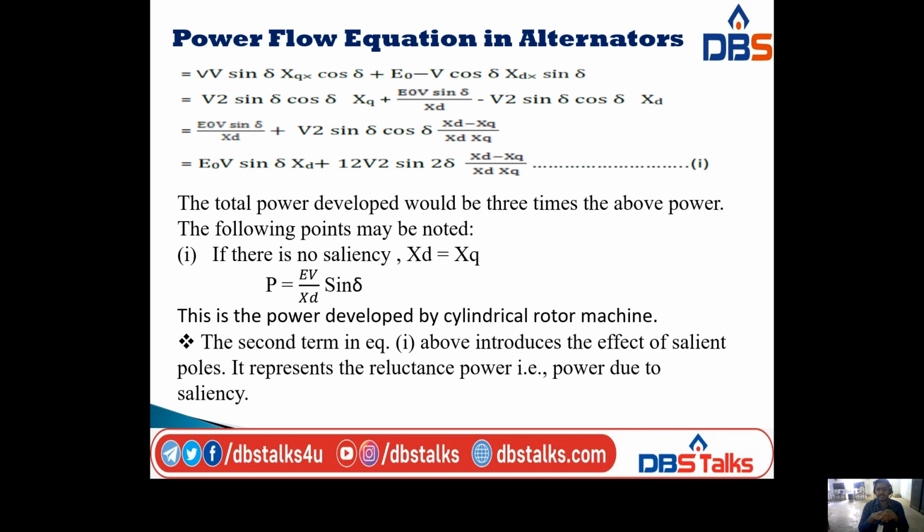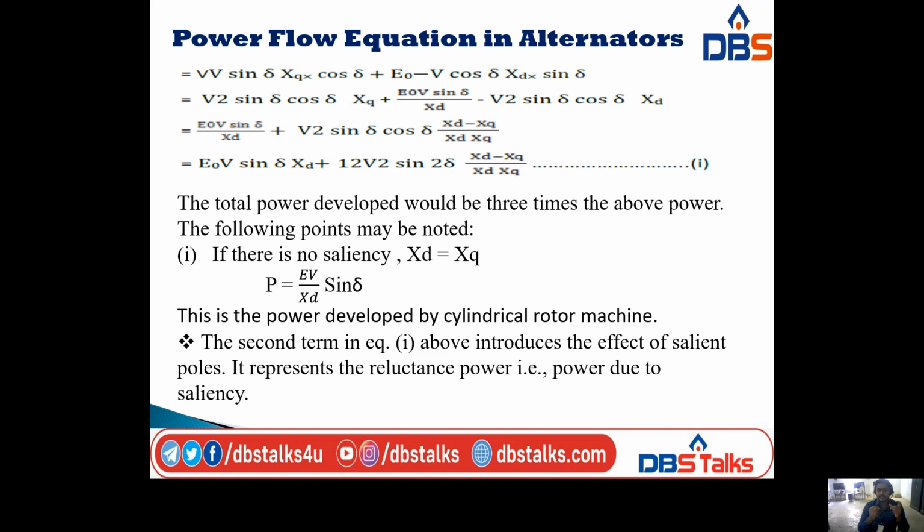So here I am writing E naught V sin delta by XD plus V square sin delta cos delta into XD minus XQ by XD XQ.